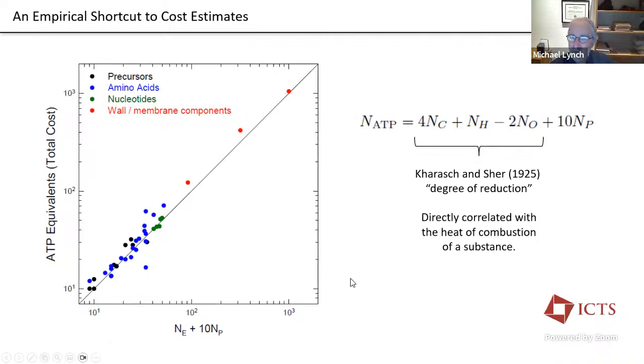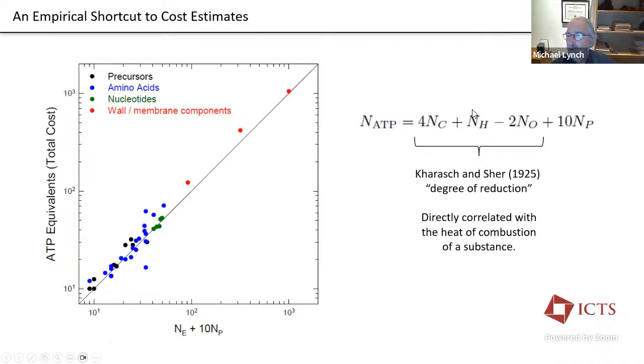That's the heat of combustion. And these guys pointed out that the heat of combustion of an organic substance is very closely related to the first three terms here. You just take the biochemical expression for your substance, you count the number of carbon atoms, multiply by 4, count the number of hydrogen atoms, and subtract from that the number of oxygen atoms multiplied by 2. And this is what they call the degree of reduction.